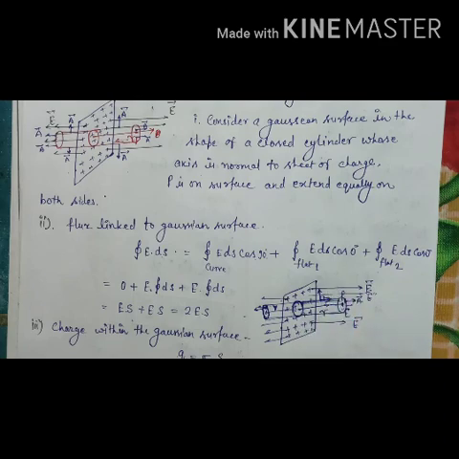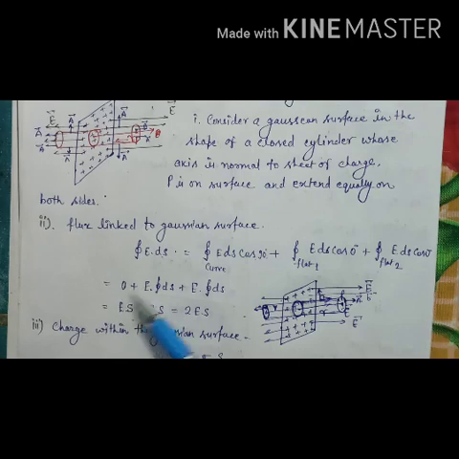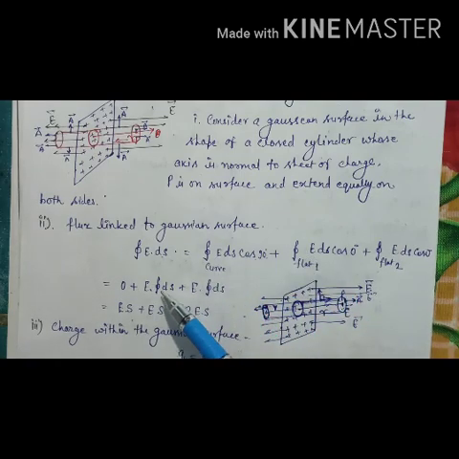And for the other flat surface, the angle between electric field and area vector is 0 degrees, so E ds cos 0. For cos 90 we know it is 0, and the electric field is the same everywhere. Why is the electric field the same everywhere?